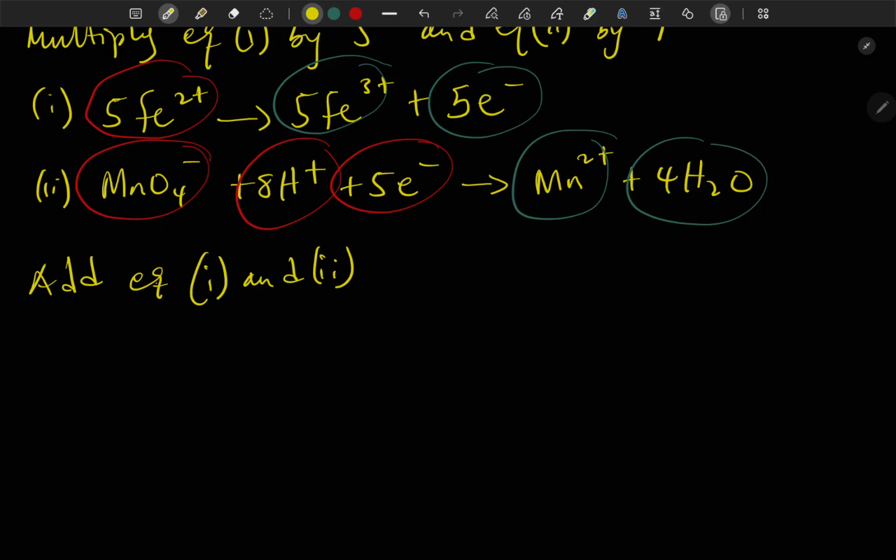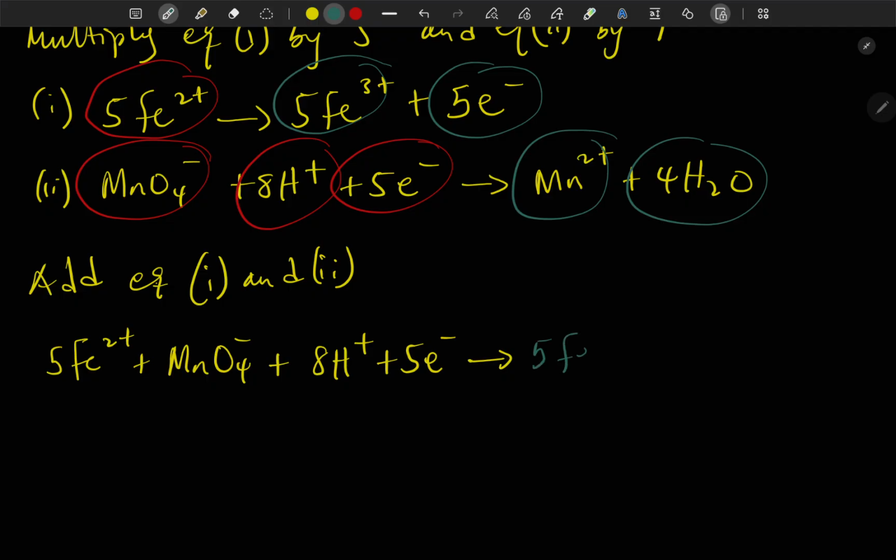For the left hand side, we have 5Fe2 plus, MnO4 minus, plus 8H plus, 5e minus gives, and for the right hand side we have 5Fe3 plus, Mn2 plus, 4H2O, plus 5e minus.